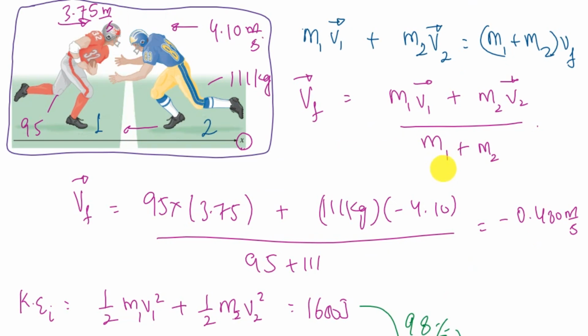Momentum is not lost here. The initial momentum is equal to the final momentum. This is very interesting. Even though the kinetic energy is not conserved, the momentum will always be conserved, with the condition that the net force on the system is 0. Then only the momentum will be conserved, which in this case, the net force is 0 on the system.